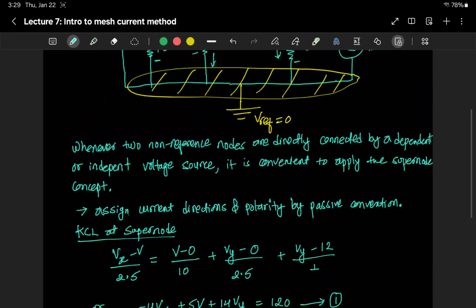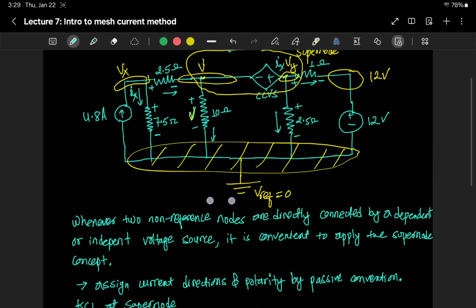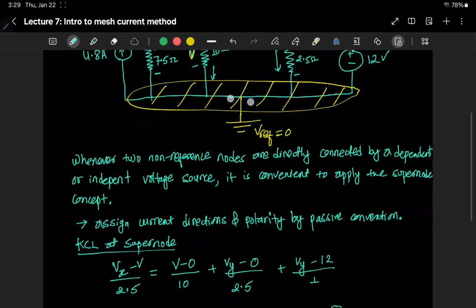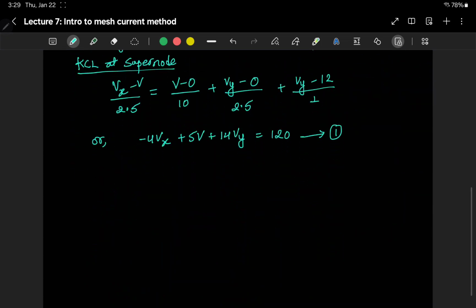Now we can also do KCL in this node X here, and then we'll have this 4.8 ampere current going in, we'll have this current going out, which will be Vx minus 0 divided by 7.5, and we have another current going out, which is Vx minus V divided by 2.5. So let's do that.